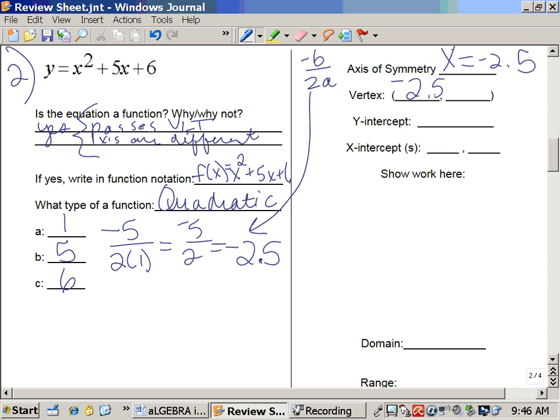Now I'll take the little blue calculator, and we're going to plug in negative 2.5. I'm going to say how to type it in to make sure you know what you're doing. So I have x squared, which is parentheses, negative 2.5, close parentheses, and you have to square it, so that's that little caret 2.